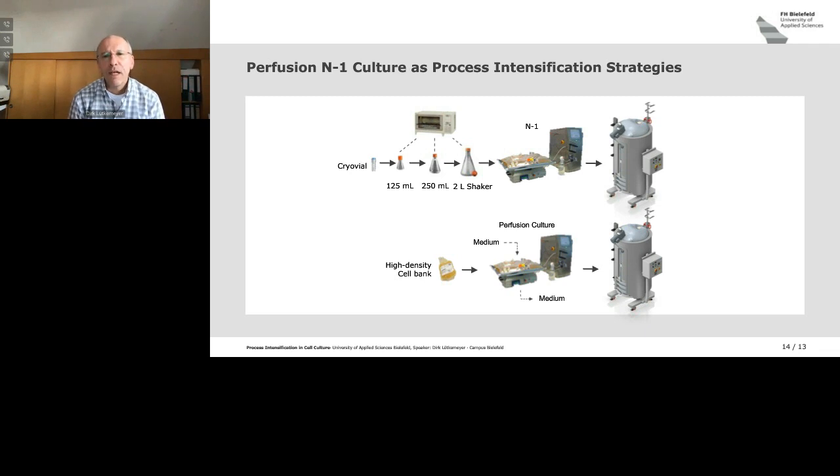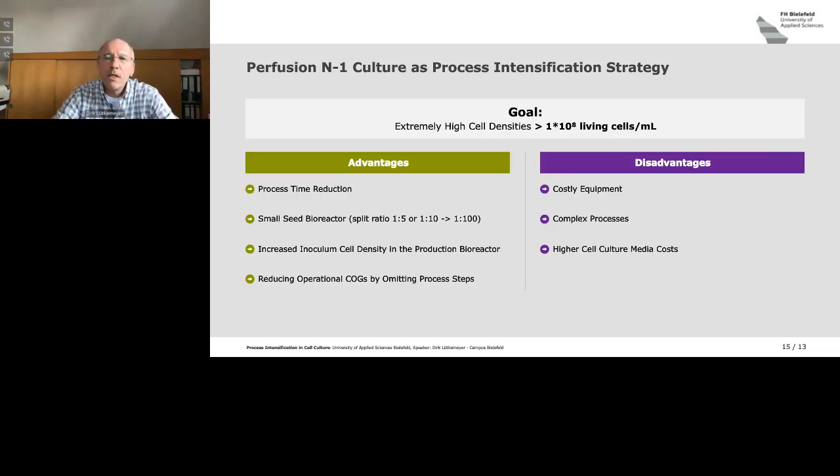For the intensification, this N-1 bioreactor is run in perfusion mode, and the goal is to have in this seed bioreactor more than 100 million cells per ml.